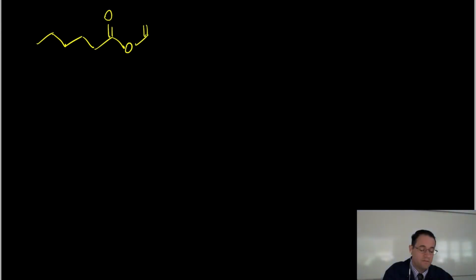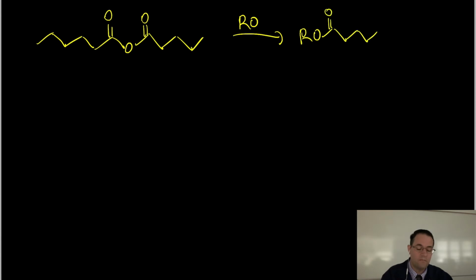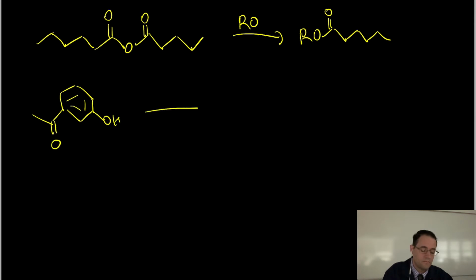Keep in mind that you might have a very, very complicated anhydride, such as this one here, okay? And you might add an alcohol to that to give you the ester. Or you might have a really complicated alcohol, and you might have a more simpler anhydride above the reaction arrow.